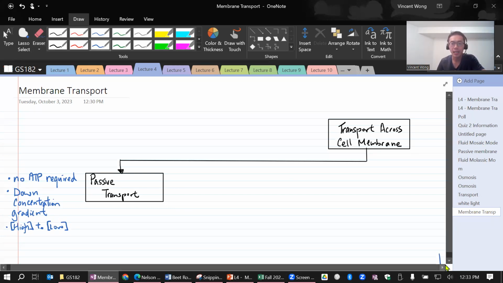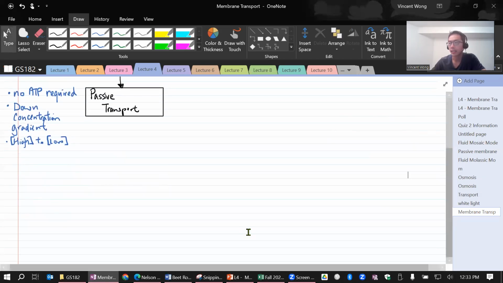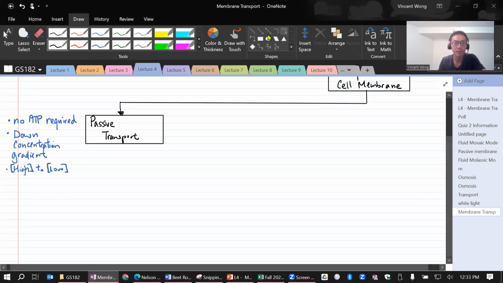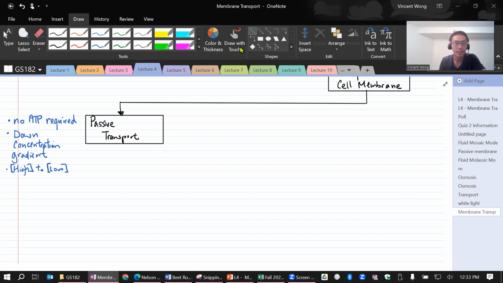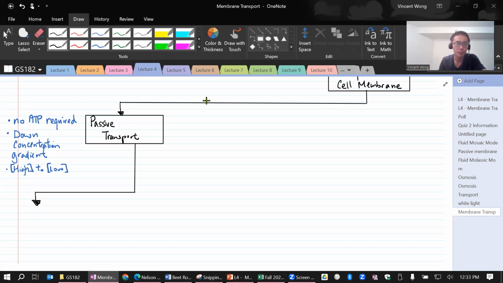Now, there are different kinds of passive transport, some of which we already talked about last time, but let's do a quick summary of what they are. Okay, so for passive transport, we have simple diffusion.